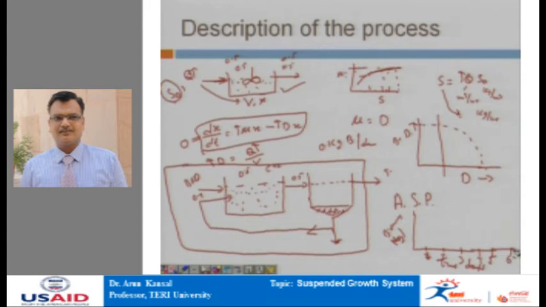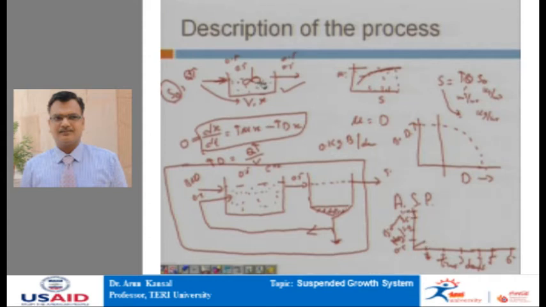So these are the number of days. On day 1 we are able to produce 0.5 kg. So on this axis I am writing 0.5, 1.0, 1.5, 2 and so on. So on day 1 we are producing 0.5.